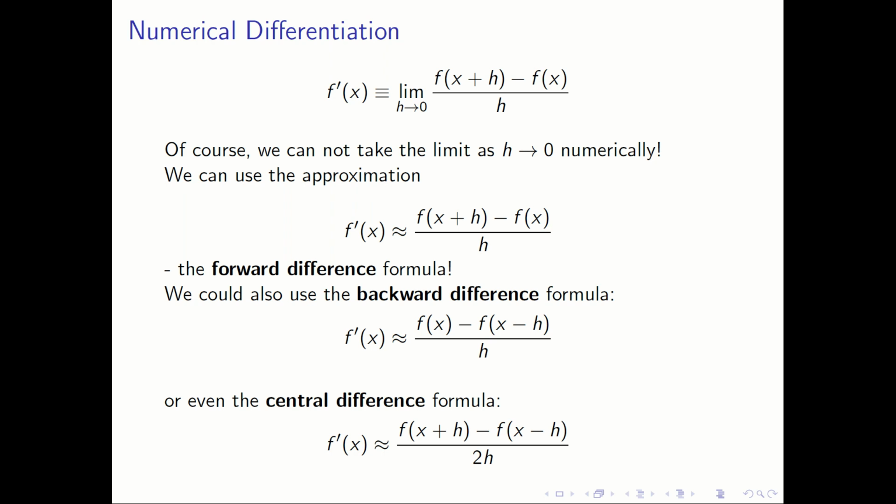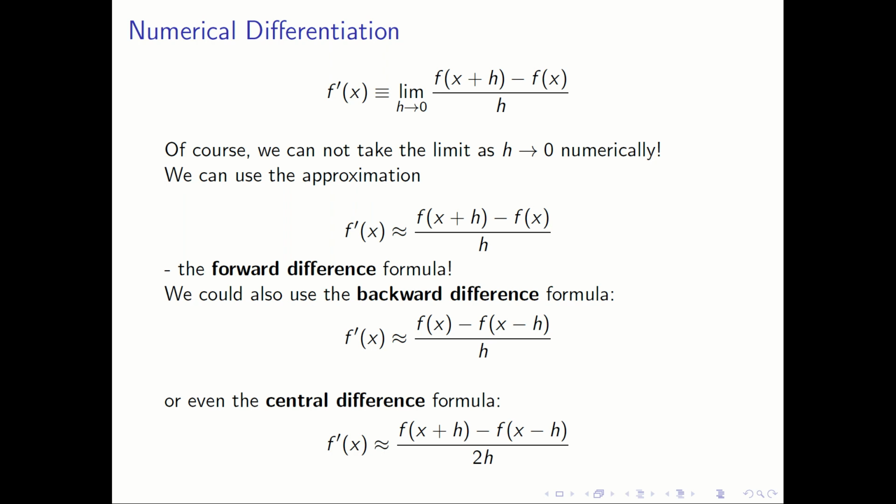And as we have already seen in the last lecture, if we take small values of h, the forward difference and backward difference formula, both of them do reasonably well. The central difference formula, however, does much better.